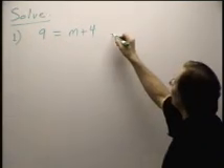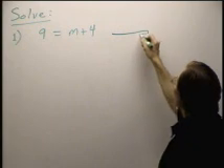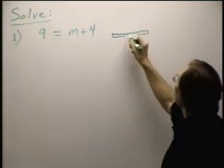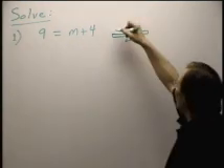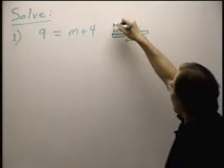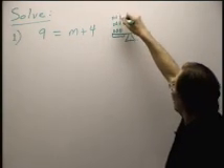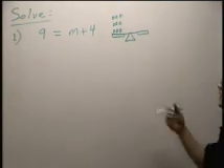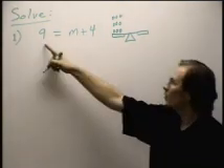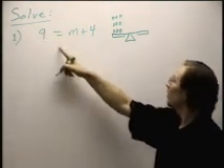Let's just draw a picture of scales that are balanced. I have 9 items of the same weight on the left side, which would be right here.